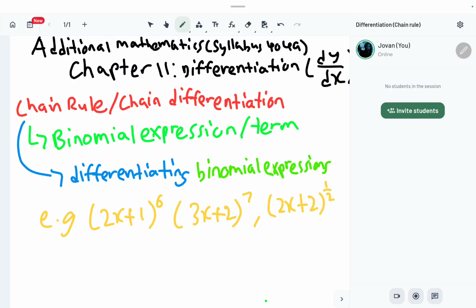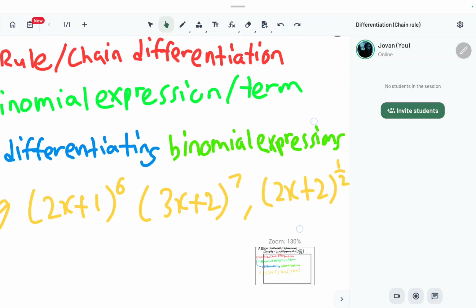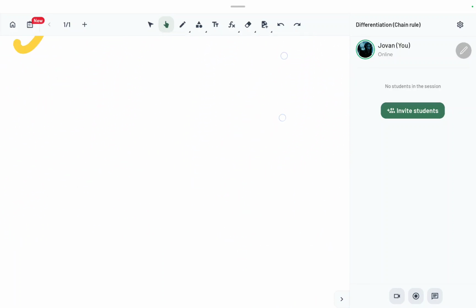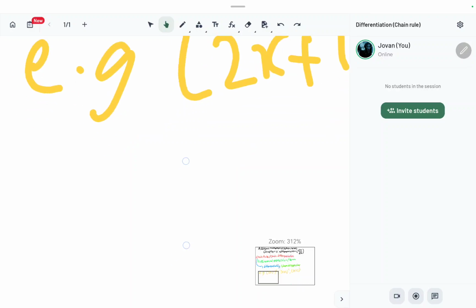So we'll do one question which is a whole number and a fraction power number. I have covered basic differentiation with you already. Now we will look at the steps to do chain differentiation.